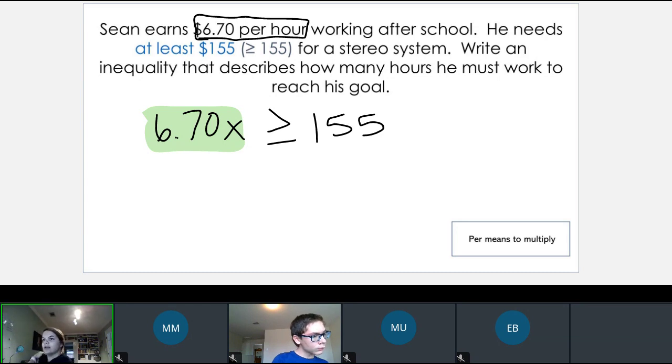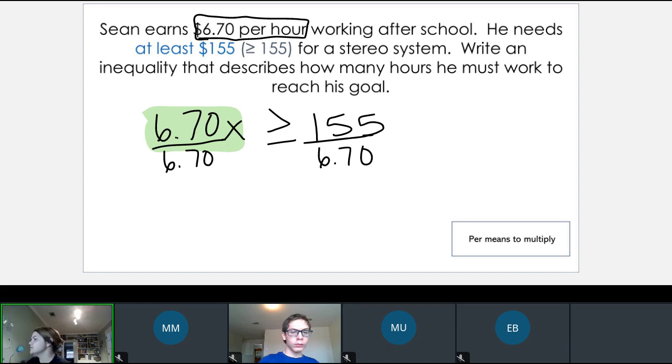Okay, so that's how we would write an inequality that describes this situation. Now we're going to go ahead and solve. So I want you to get your calculator out and divide 155 by $6.70, or 6.7.